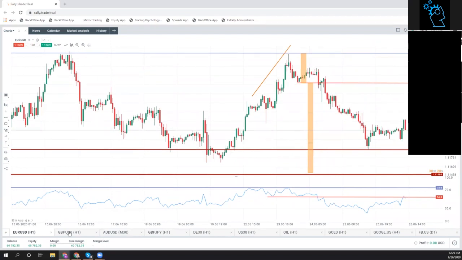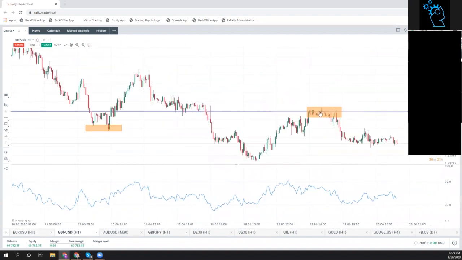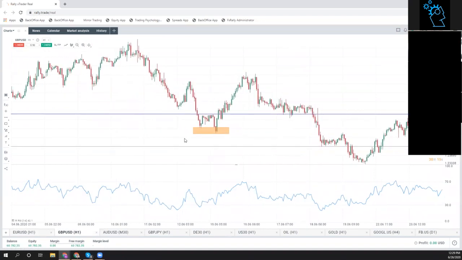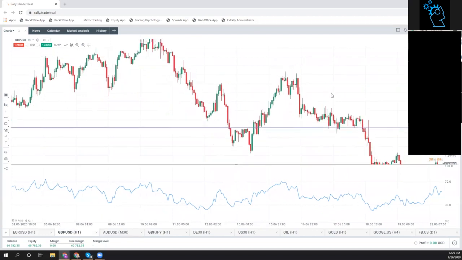Let's find another example. I have here GBP/USD, and let me show you an example with GBP/USD. I was saying that we can have 1, 2, 3 highs or lows in a row. This time I'm going to show you an example on the downside.